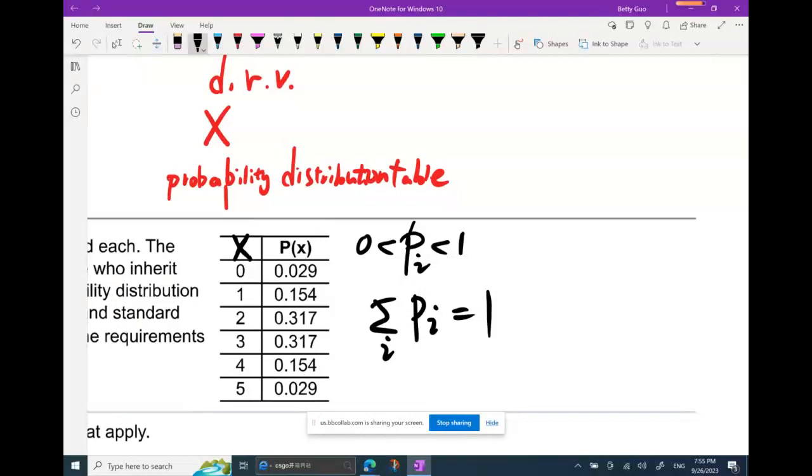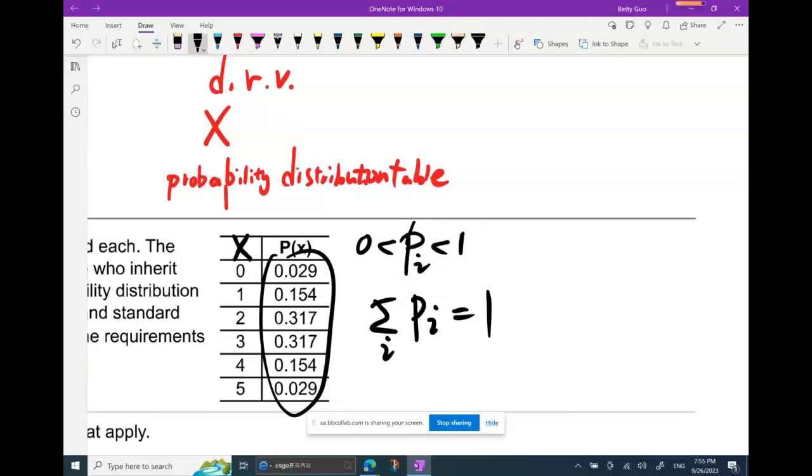Because all the values that x could assume are 0, 1, 2, 3, 4, 5, and those are their corresponding probabilities. And since those are outcomes, right? X equals 0 is an outcome, x equals 1 is an outcome. So all the outcomes are disjoint. Remember disjoint. So all their corresponding probabilities add up to 1.